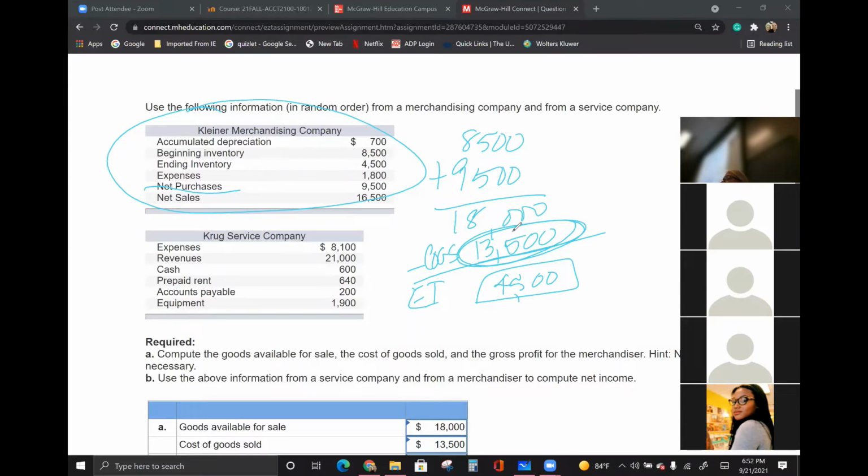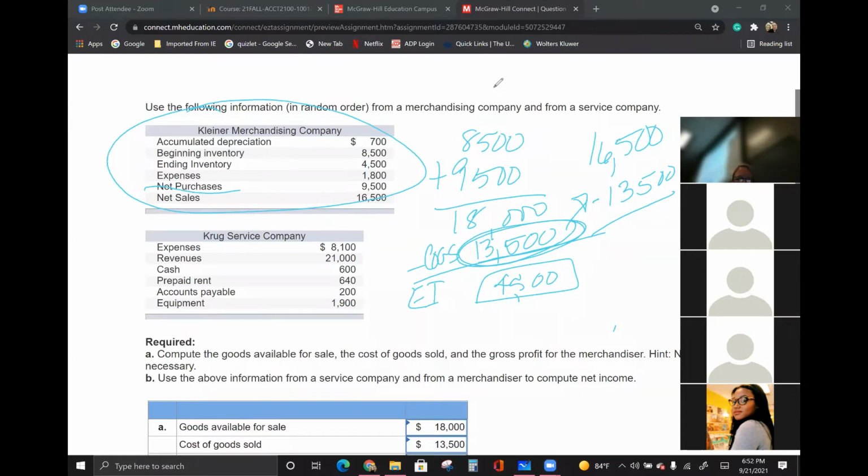So I'm not looking at any expenses. I'm just looking for the cost of goods and deducting that from my net sales. So it tells me net sales are 16,500. I just calculated my cost of goods sold. So I'm going to subtract the 13,500 and I have $3,000.